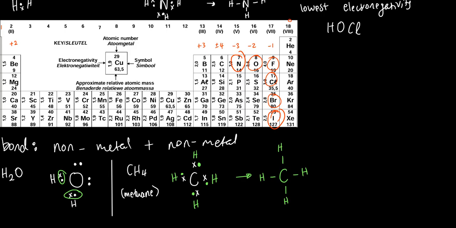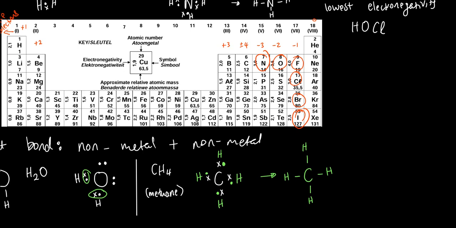Now if we check here, the electronegativity is shown on the left. So hydrogen has 2.1. Oxygen has 3.5 and chlorine has 3.0.